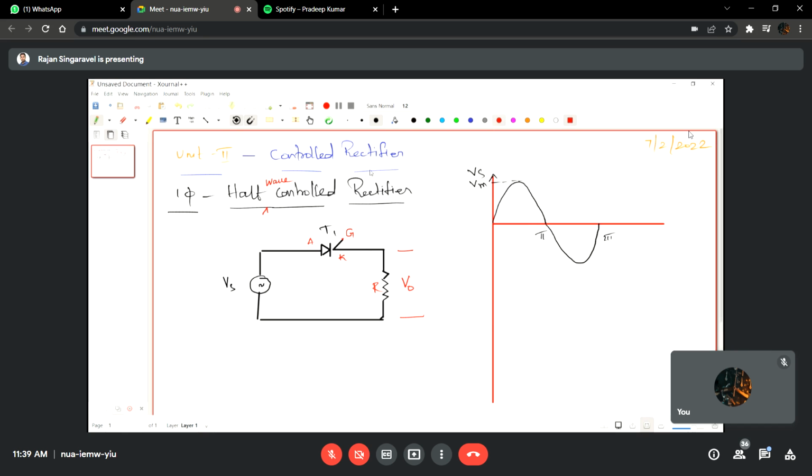And next, when you see the output voltage, this x-axis is omega t. And consider I am triggering it at some alpha equal to 30 degrees or something, right? I am triggering at this particular point.